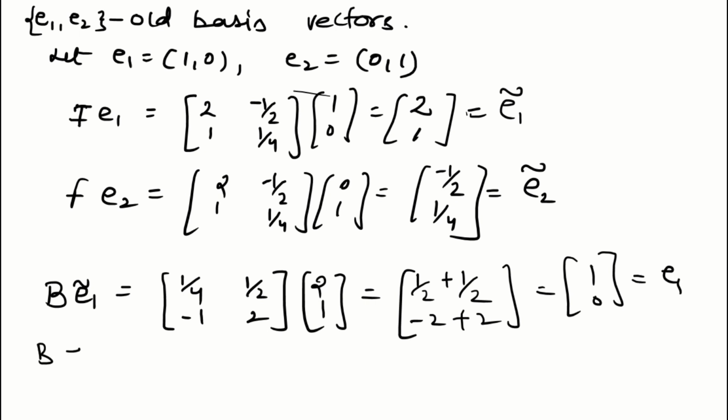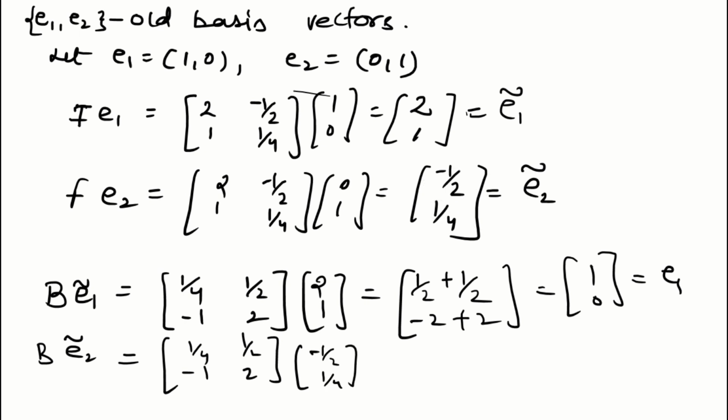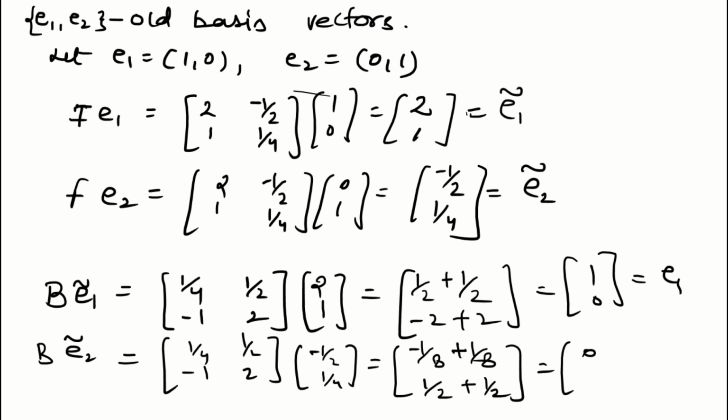And when you multiply B with E2 tilde, so what is E2 tilde? This is (minus 1/2, 1/4), right? So when you multiply it, it is minus 1/8 plus 1/8, so it will be 0, and this is 1/2 plus 1/2, it will be 1. So it is (0, 1), that is the E2 basis vector, right? We have considered E1 and E2 as the two standard basis vectors in the old coordinate system.